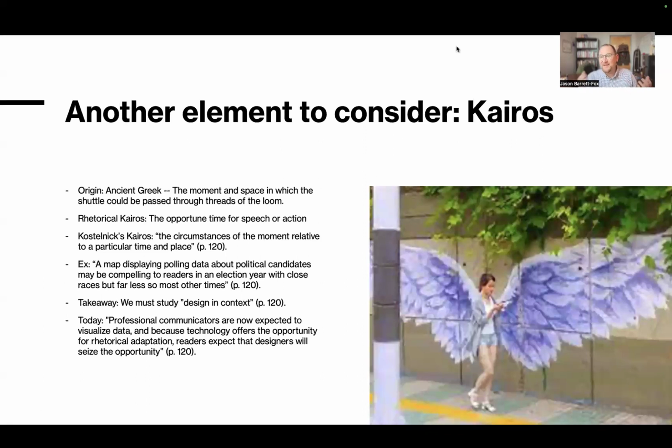So another element to consider when you're generating your own data visualization is this deeply important concept to rhetoric called kairos. When you're talking about ancient rhetoric, you're thinking about kairos as the opportune moment for speech or action, right? And you know this. If you've ever been in a situation where somebody insulted you and you didn't think of the perfect insult till the next day, well, you missed that kairotic moment, right?